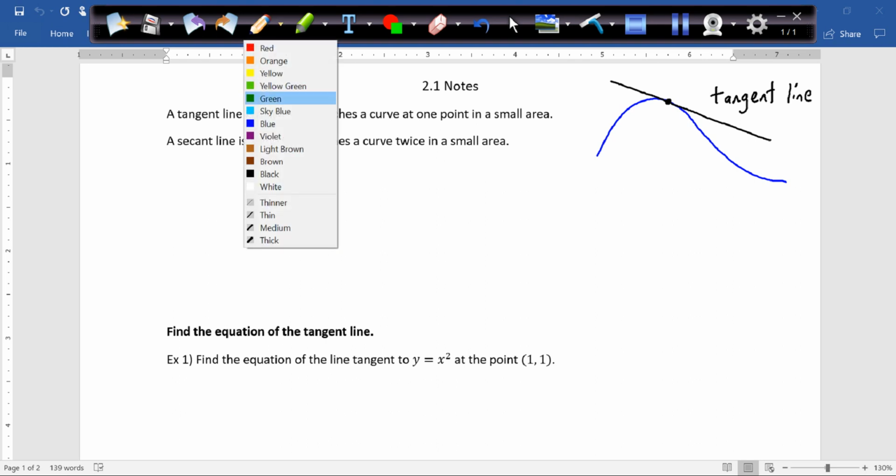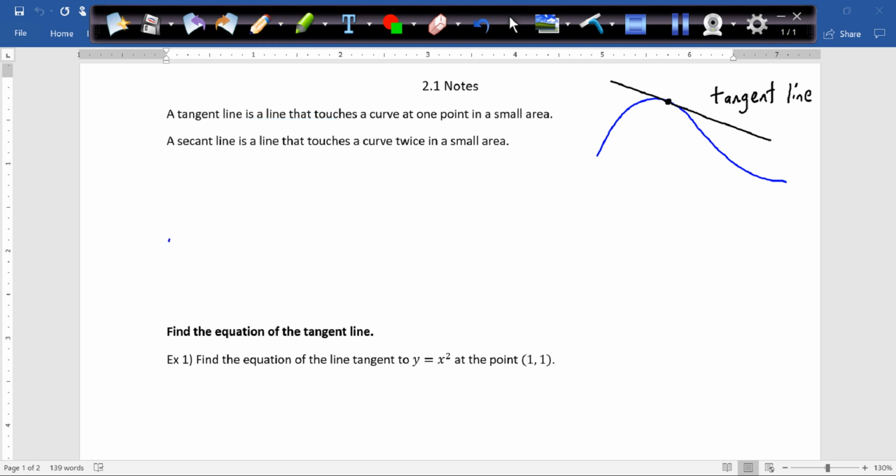When I say a secant line, I'm talking about something that touches the curve twice in a small area. So maybe that same point and somewhere else over here. So that's my secant line.